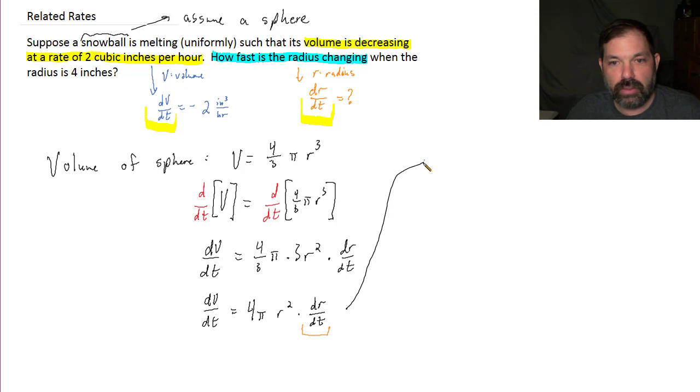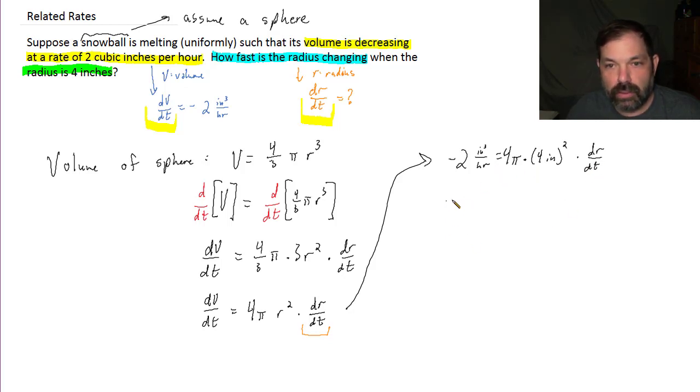Alright, so let's make some substitutions. dV/dt is -2 cubic inches per hour, and that's equal to 4 pi. Now r is 4 inches, right? We're told that the radius at that moment is 4 inches. So 4 pi times 4 inches squared, r squared, times dr/dt.